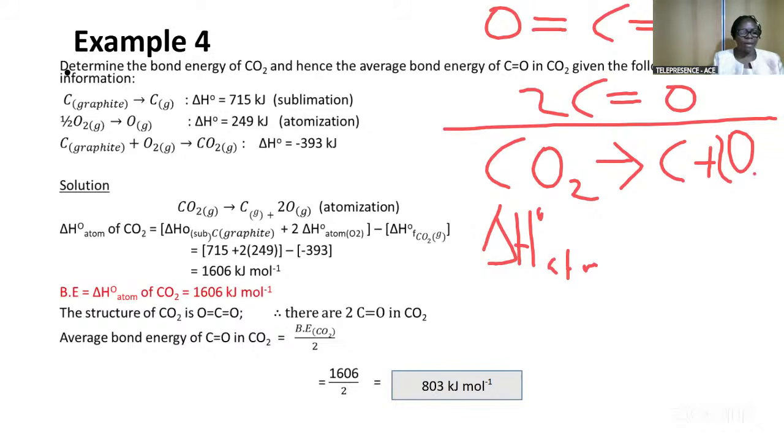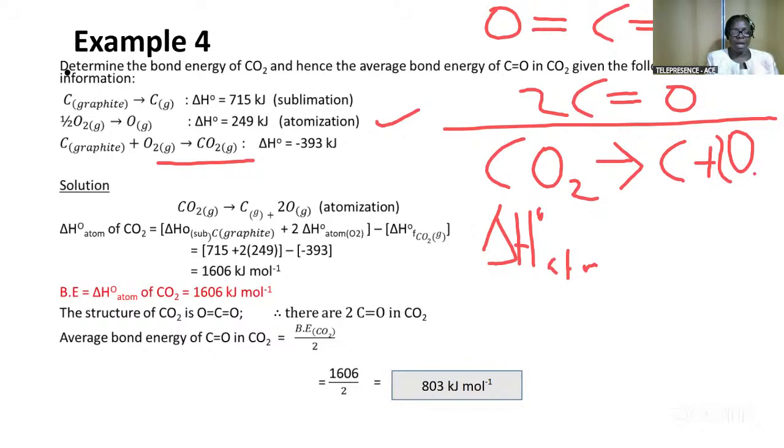So if you come here, the enthalpy of atomization can be determined. Since you know the enthalpy of atomization for oxygen and then you know the enthalpy of formation of CO2. That's the point. You know that of CO2.